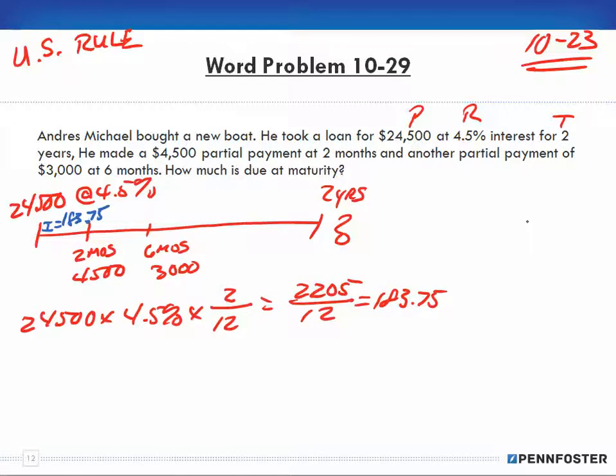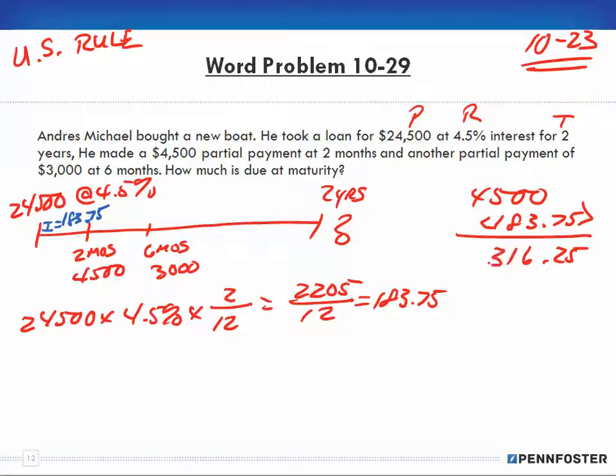Since $4,500 was the payment, I have to pay that interest off first. So I subtract the 183.75, and I'm left with $4,316.25. That's the amount that's going to go against the principal.